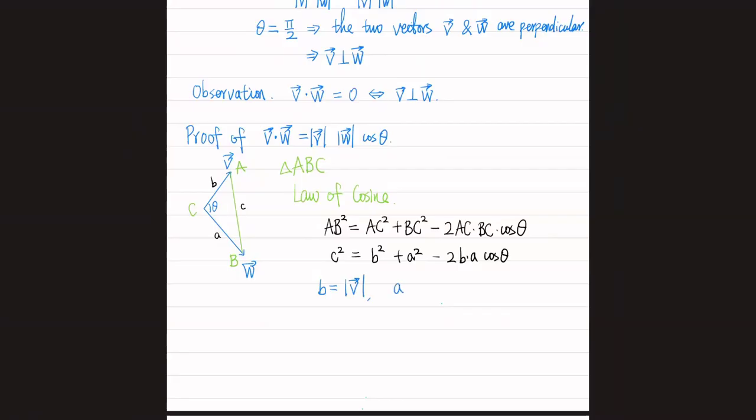A is the norm of W. Okay, what about C? C is the norm of something. What was B again? No, this is a general setting. General vector.